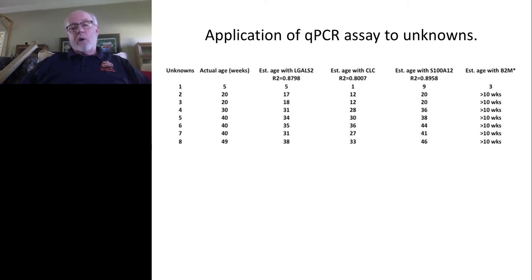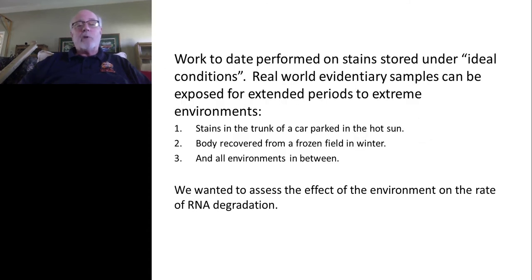Again, using the S100 transcript, we felt we had made a great deal of progress in being able to estimate the age of at least blood stains recovered from crime scenes.